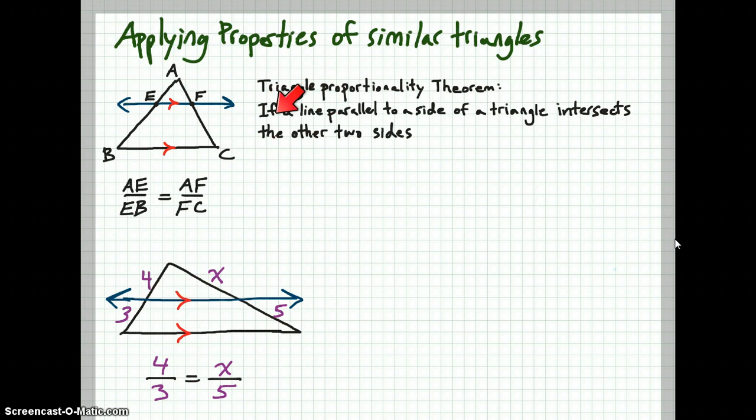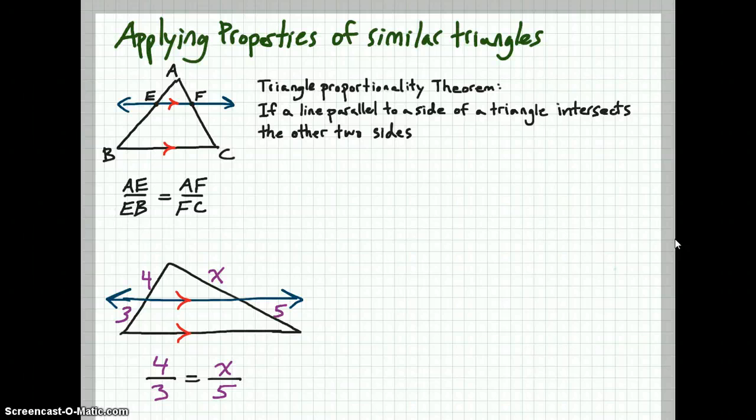And that's exactly what the hypothesis is that we have here. Parallel to a side of the triangle, and it intersects the other two sides. And up here you can see those intersections we labeled as E and F. Down here they would be, here is an intersection and here is an intersection.